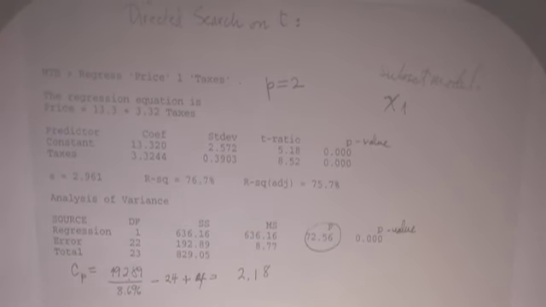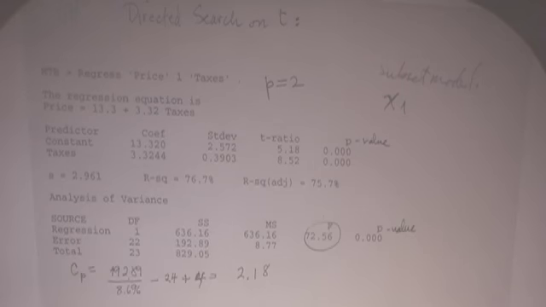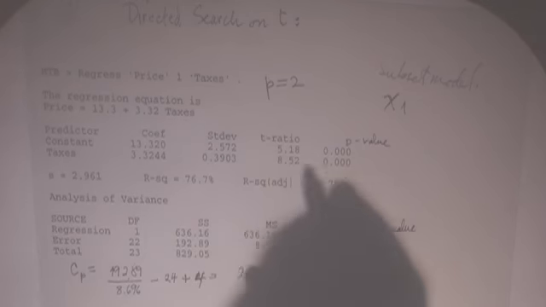First I put in taxes, and so now I have two coefficients. One is the intercept and one is the slope of the taxes. Okay, so my subset model is this. One regressor, and P is 2 here. And to not confuse it with the other P's, I hand wrote in p-value for the p-value for the significance of the model.